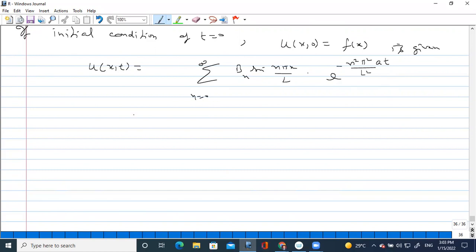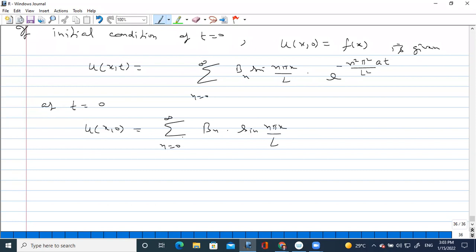So at t equal to 0 it will become u(x,0), that will become summation n equal to 0 to infinity b_n. This will become e to the power 0, that is 1, so b_n sin(n pi x by L).